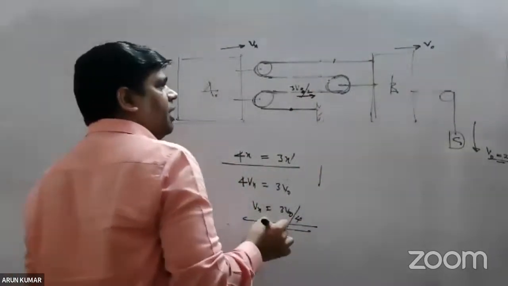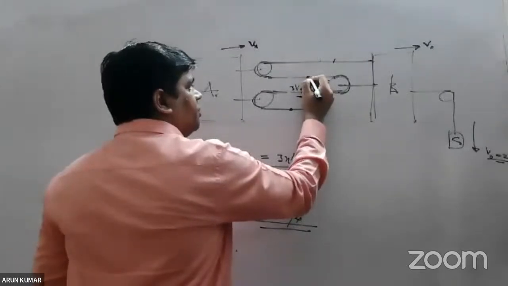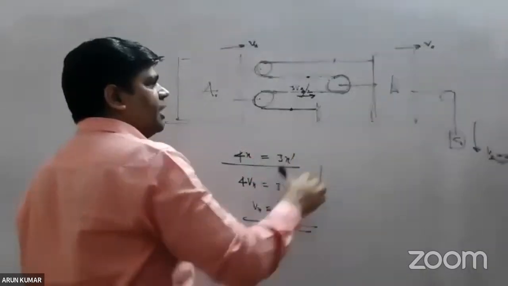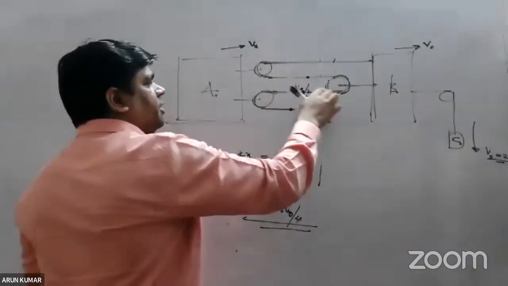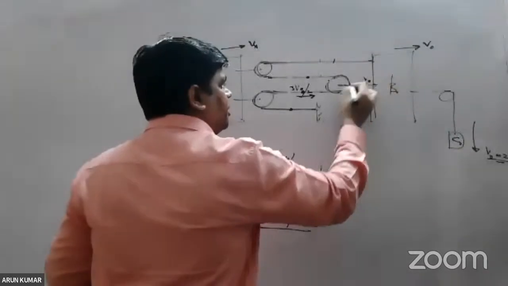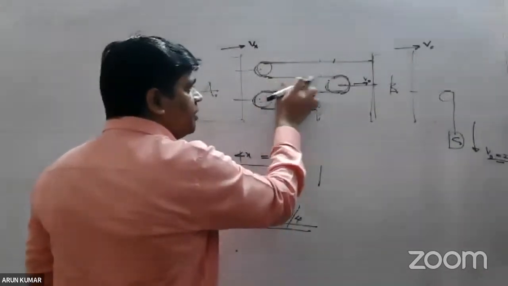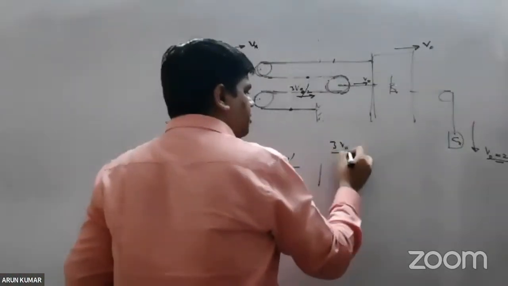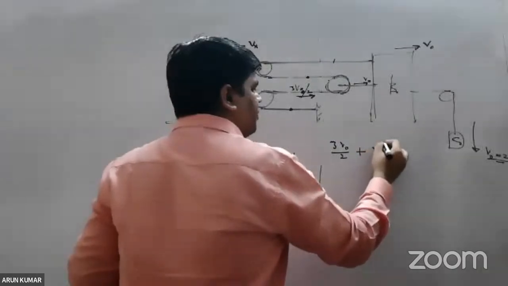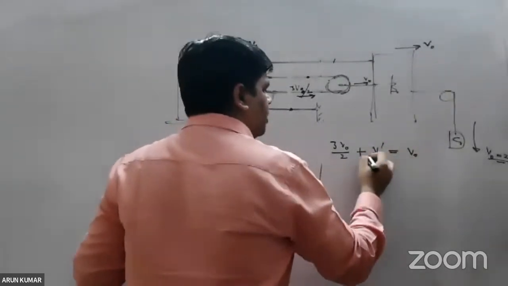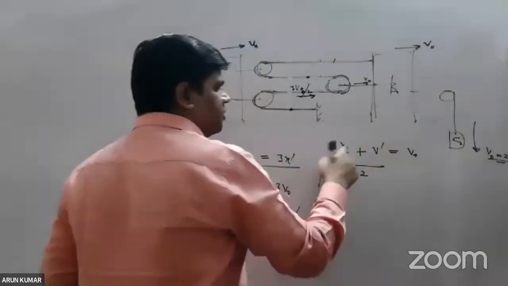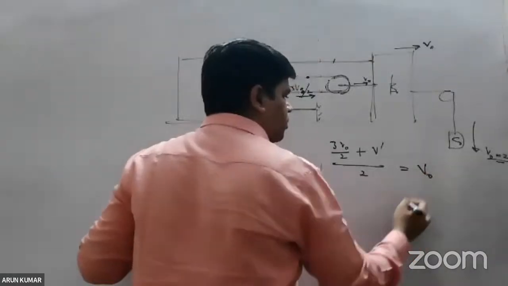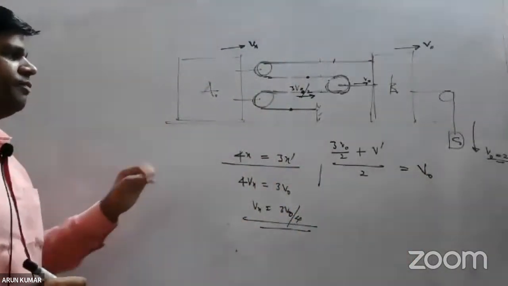Alright. Now I have to find the velocity of this point. What do I do? There are two ways of doing. I can either use this pulley or this pulley. Using this pulley, this is V naught. This is 3V naught by 2. This plus this by 2 is equal to V naught. What do I get? 3V naught by 2 plus V prime, by 2, is equal to V naught. Agreed? Find out V prime from here.